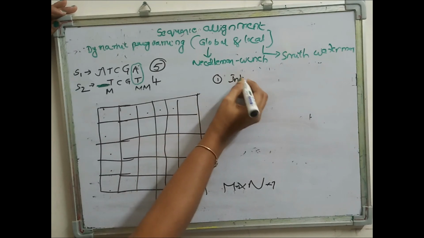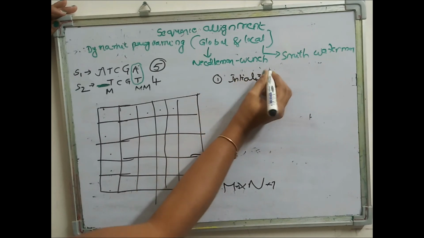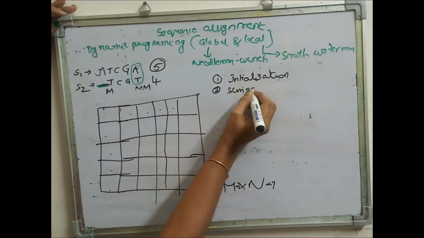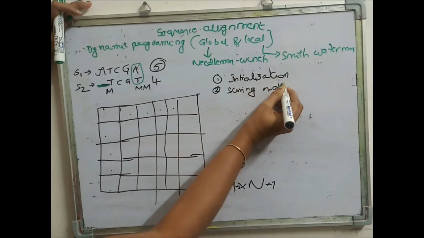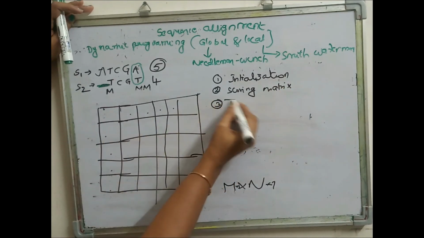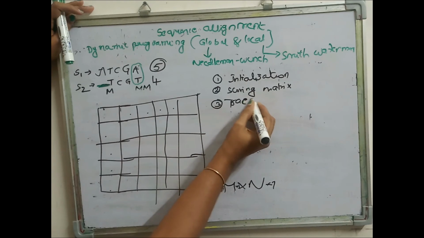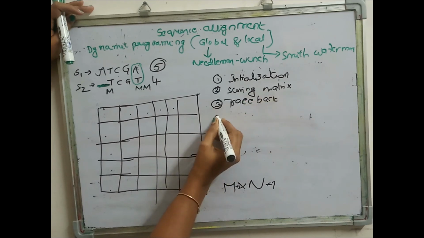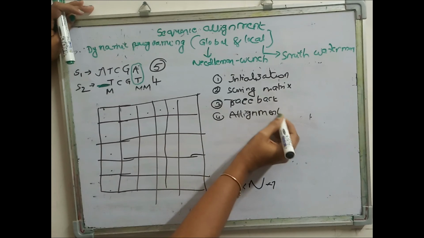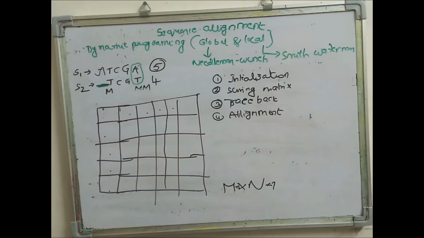First step is initialization. Next step is the scoring matrix. Third step is tracing back. Fourth, alignment. In matrix filling, we will fill all the matrix with the highest possible scores.